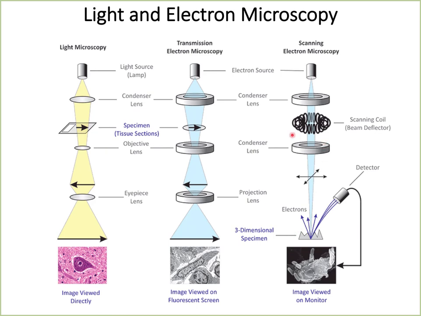When you scan the surface, you get a three-dimensional image of the surface. The difference is that for TEM you have to have a very thin section or a very tiny particle like a virus to observe. Here the principle is that some of the electron beams pass through the specimen, and some do not.